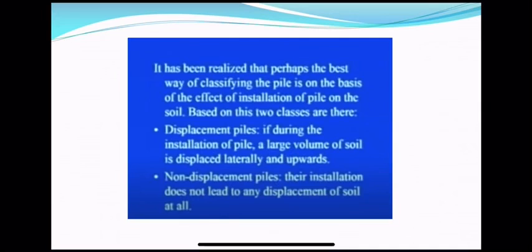So if the method adopted during installation is such that a large volume of soil is displaced laterally or upwards, those piles are called displacement piles. In case of non-displacement piles, in their installation procedure there is no displacement of the soil at all, that is, the soil remains as it is.